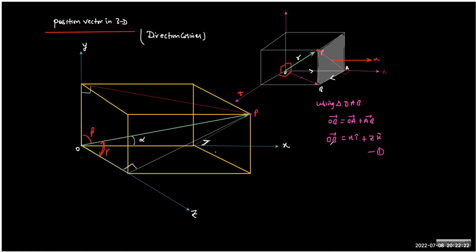And now we are done, because I can take OB and the BP vector. So in triangle OBP, can I say the OB vector plus the BP vector is the OP vector?